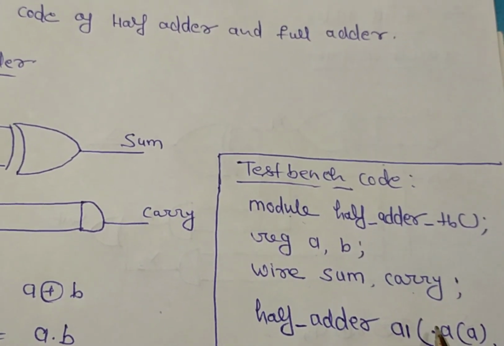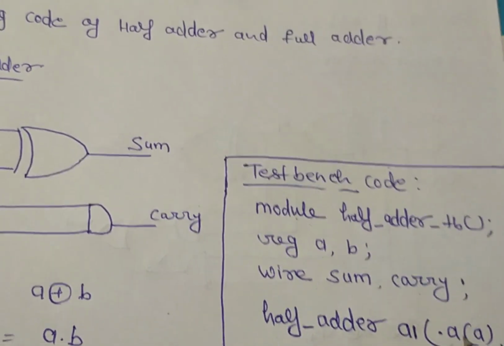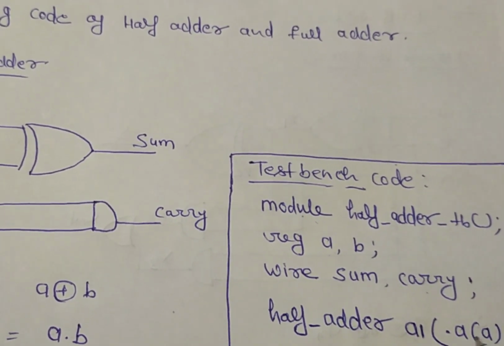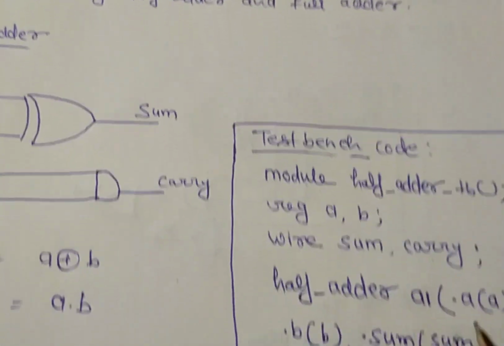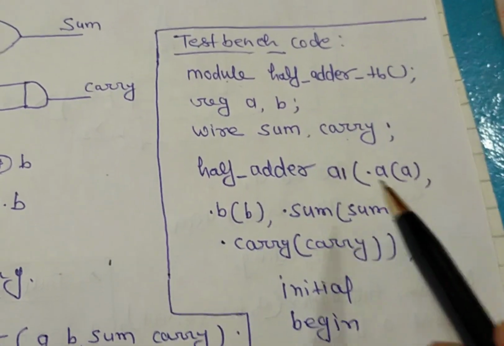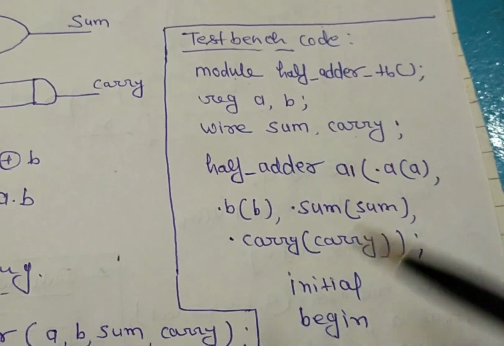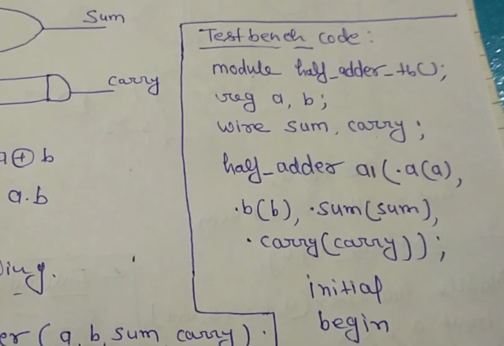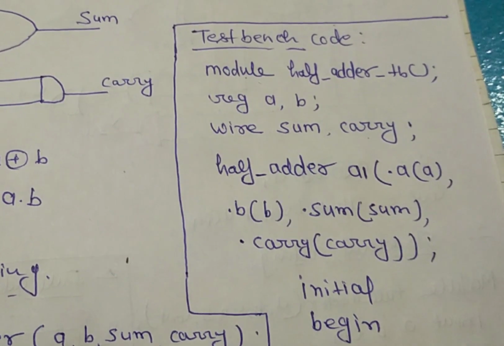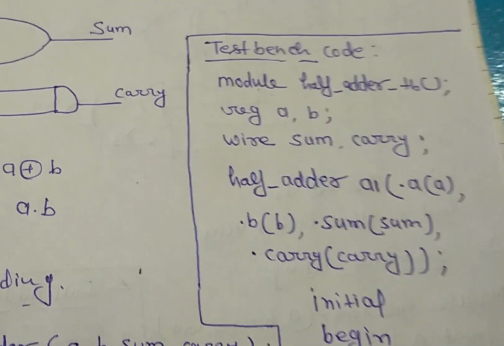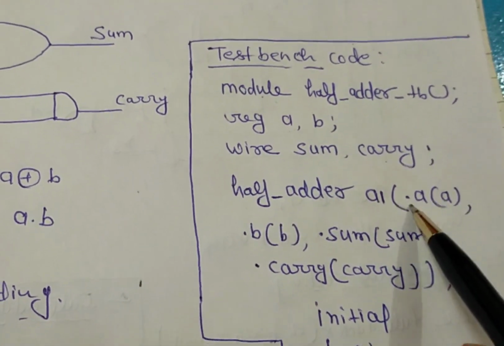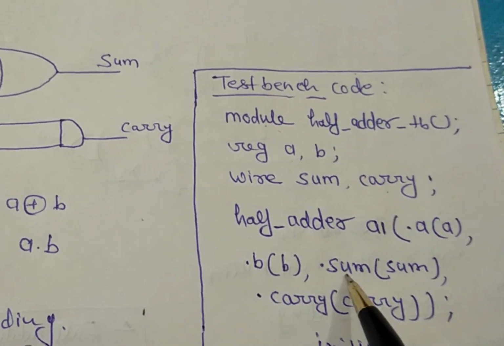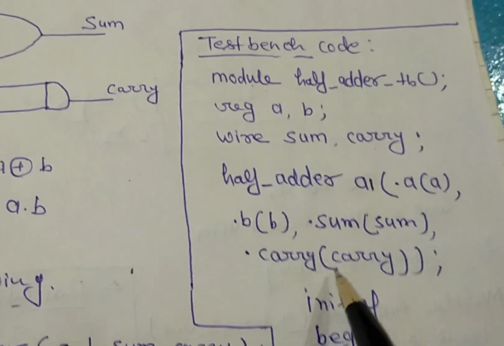In this particular test bench, I have written all the inputs and outputs in the dot bracket form, because when we write a code, if there is any sequence and in the test bench we forget that sequence, then for that purpose we do not follow any particular sequence and use the dot form.